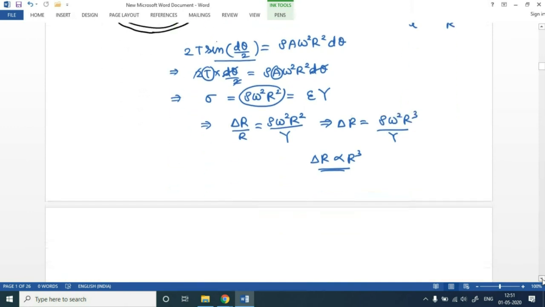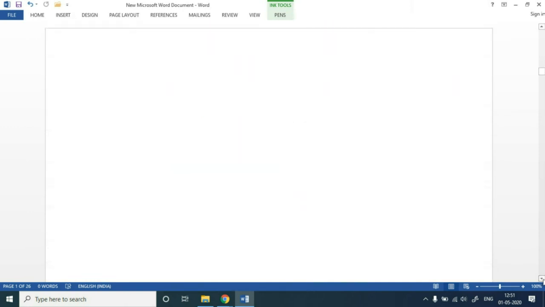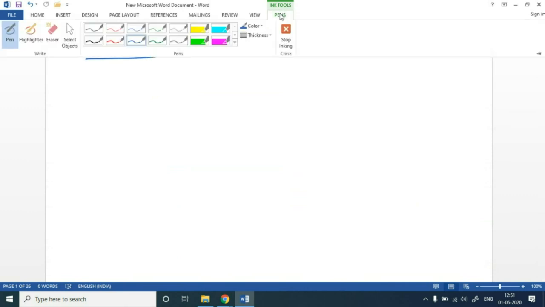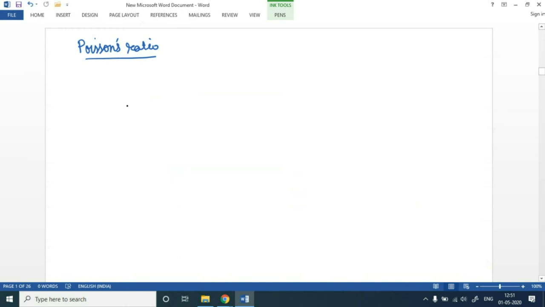Let me introduce one more parameter in order to study elasticity, and that is called Poisson's ratio. Let's define it. For example, let's say we have a cylinder of length L and diameter D, and we put it under elongative stress.